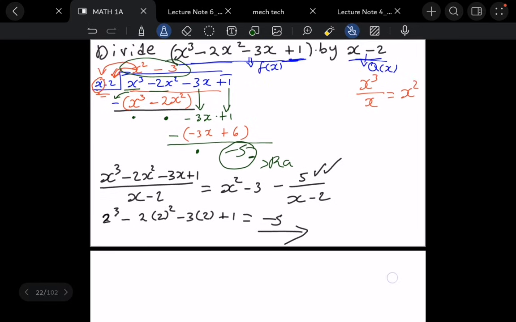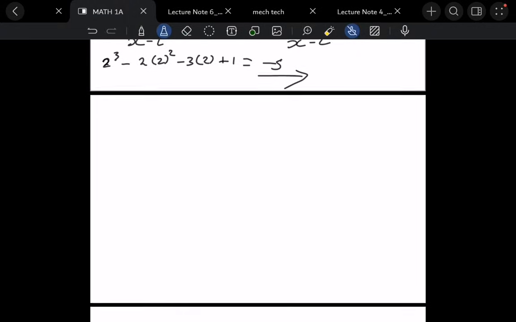Let us look at another problem using long division.